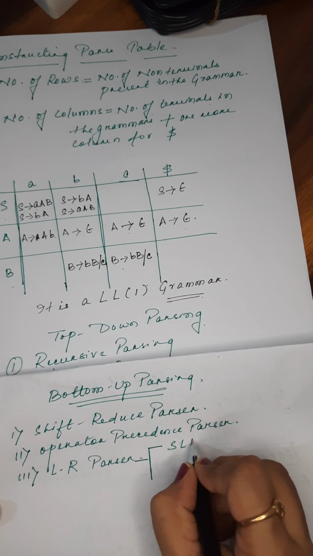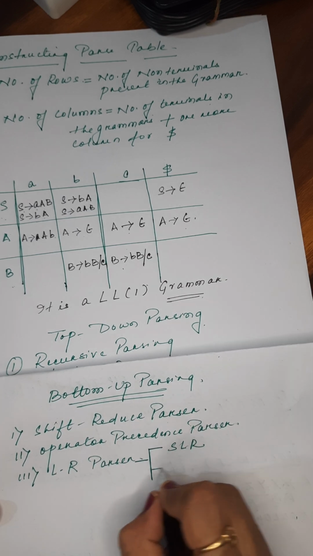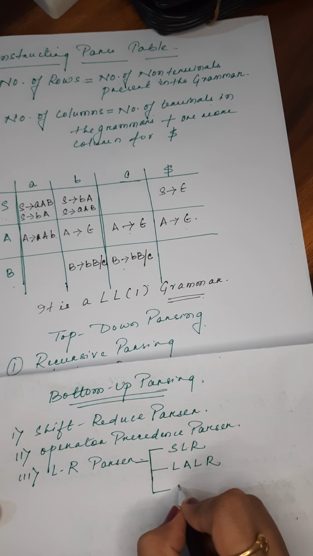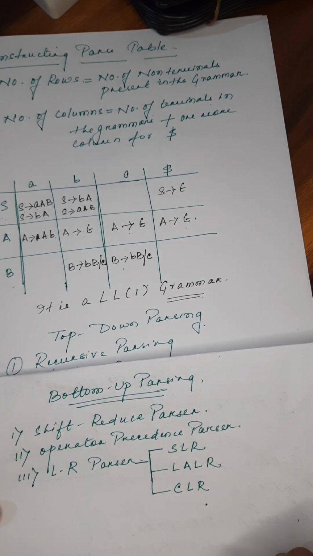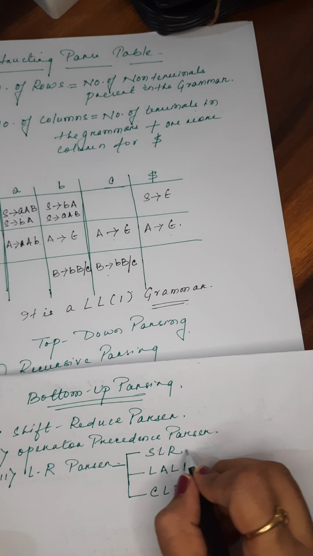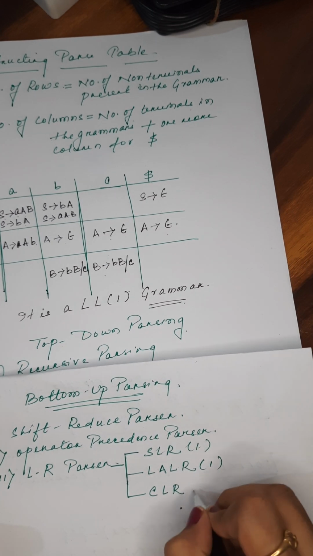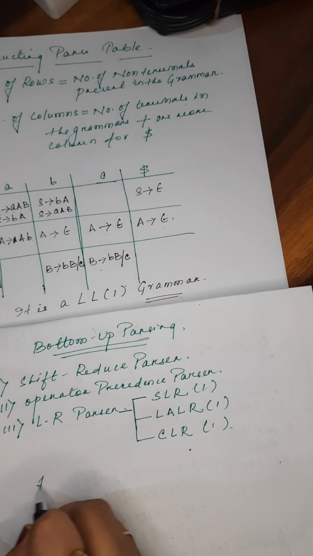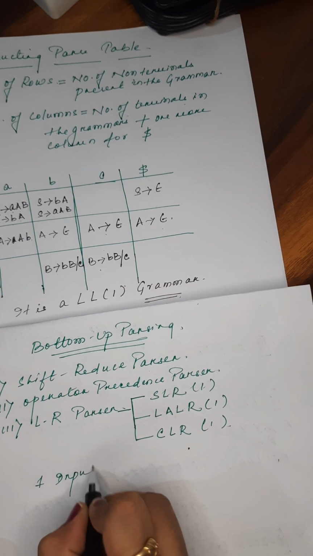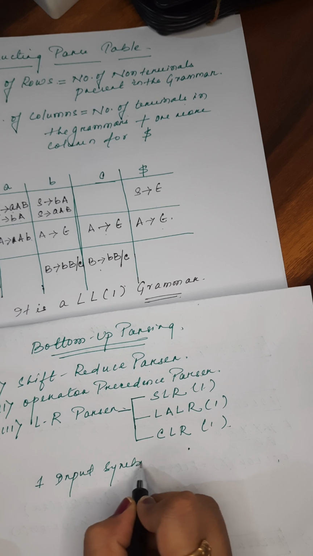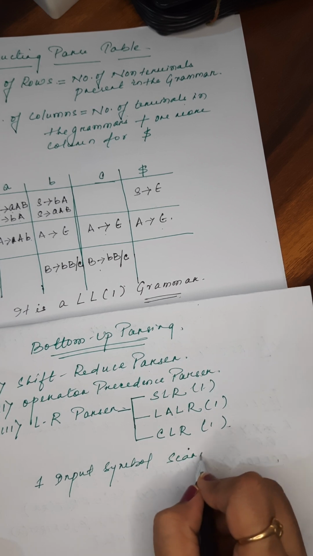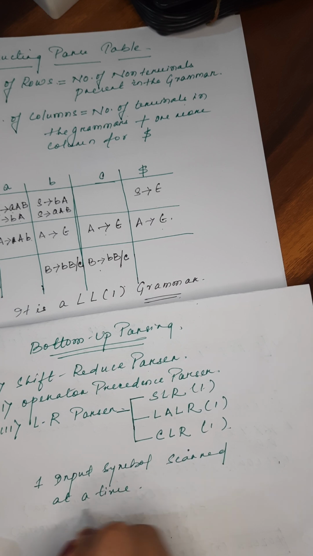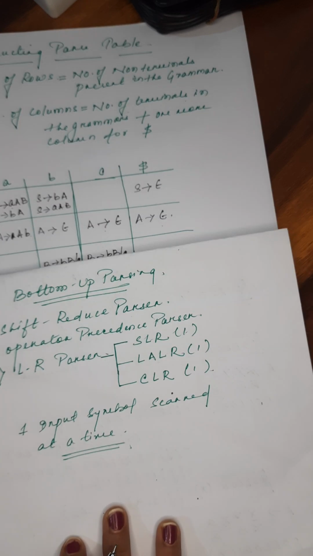First is SLR, that is simple LR. Then LALR, look ahead LR. Then CLR, that is canonical LR. In all of these we used to write 1 in the bracket. Now what does this 1 mean? 1 means one input symbol scanned at a time. Only one input symbol we will take and scan it.